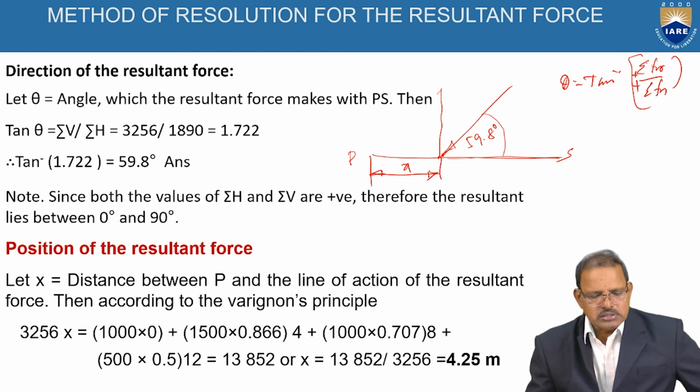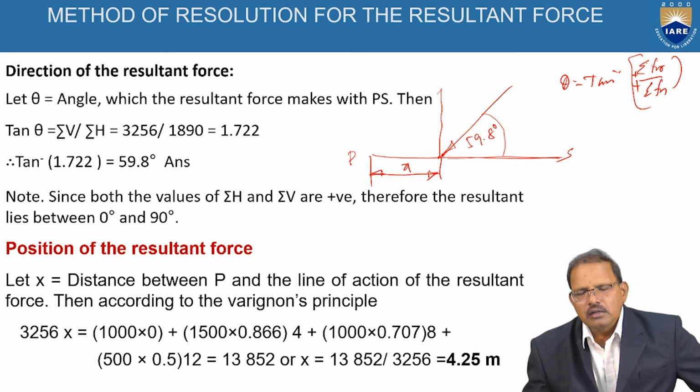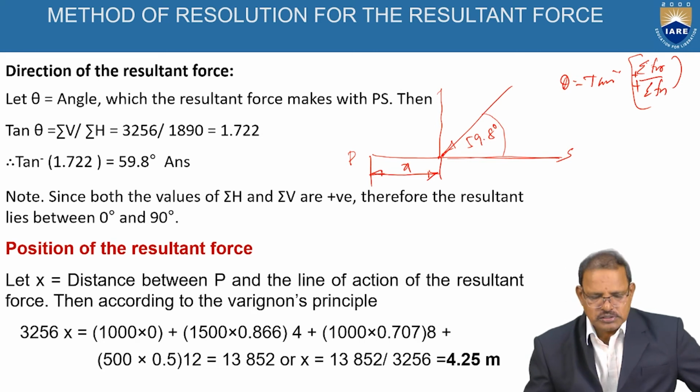Hence, the horizontal components will not create moments when you are taking the point on line PS. That means we only have to consider the vertical components of the forces, not the horizontal components.